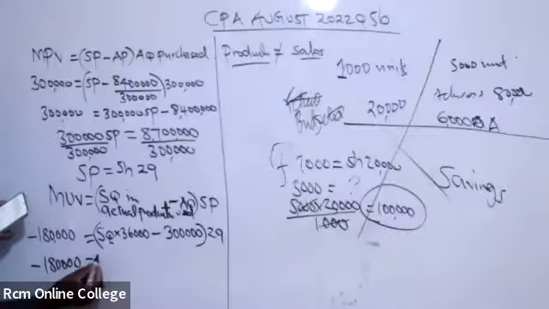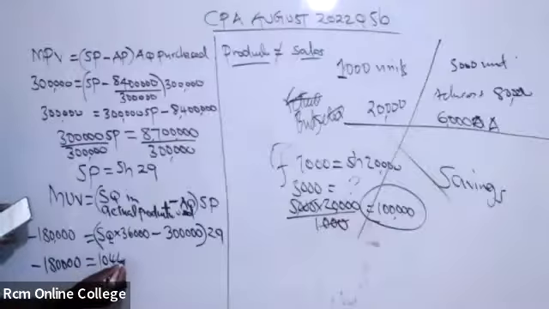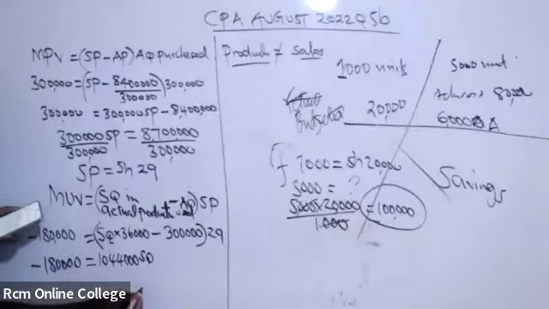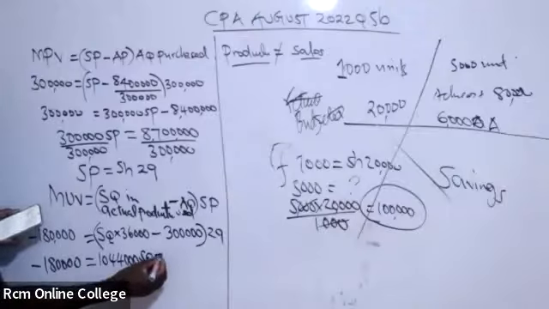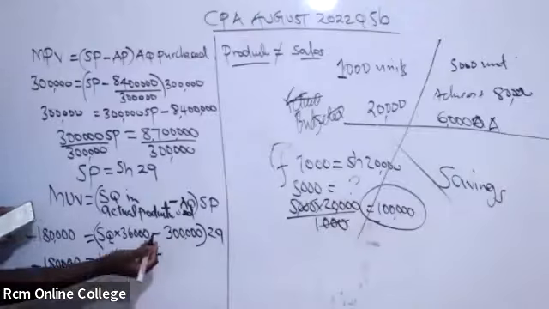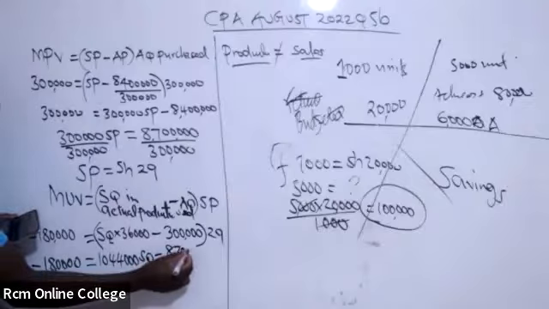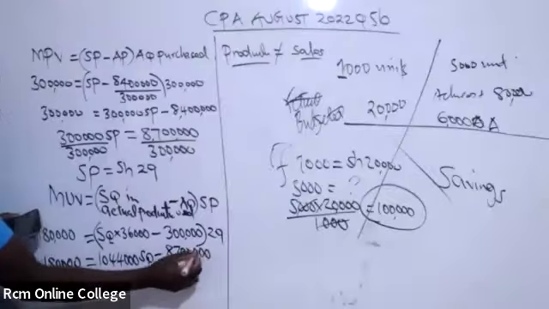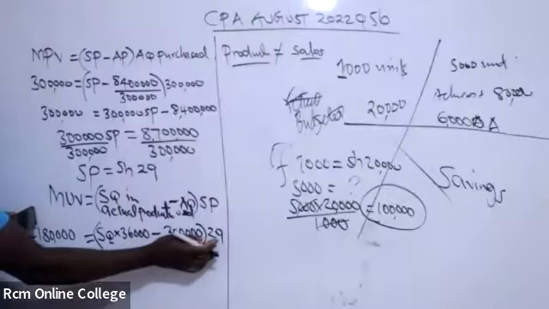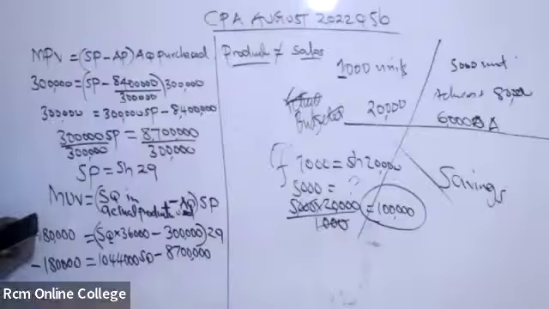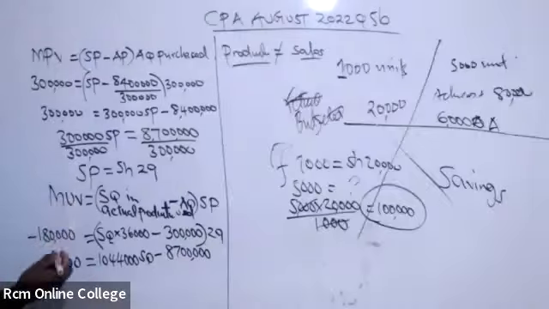So we have 1,044,000 times standard quantity minus 300,000 times 29. I think it's taking us back to 8,700,000. Can someone confirm? Is it true that 300,000 by 29 is giving us 8,700,000? Yes. Good. So let's collect the like terms.